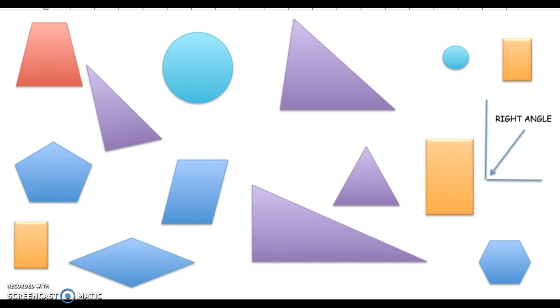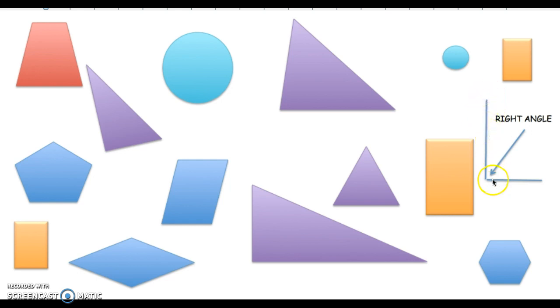Okay, so a rectangle is a shape that has 4 sides. So we could have a look at this one. It has 1, 2, 3, 4 sides, and all the corners of a rectangle must be right angles. So you can see over here that we have a right angle.